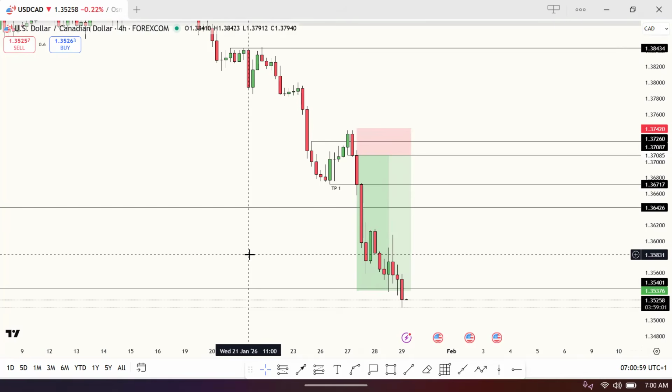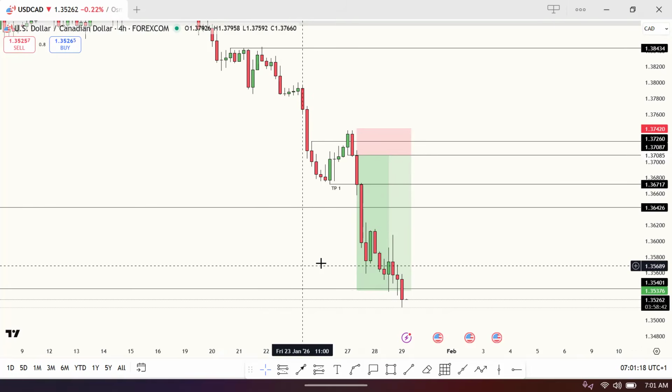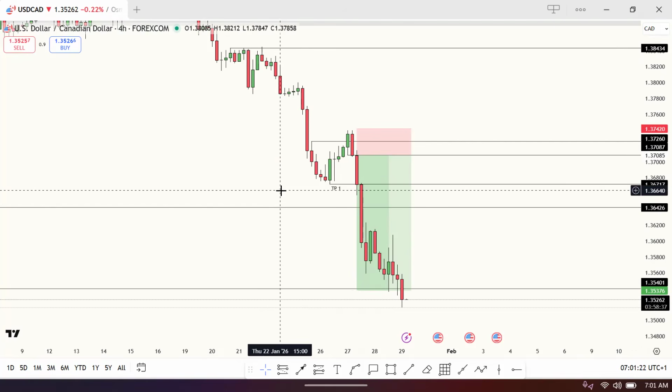Now, my approach to this is very simple. It doesn't take me time. This is probably the fastest technical analysis that you'd ever come across, because it takes me barely 5 minutes to run a complete top-down analysis on any pair using the candle matrix concept.